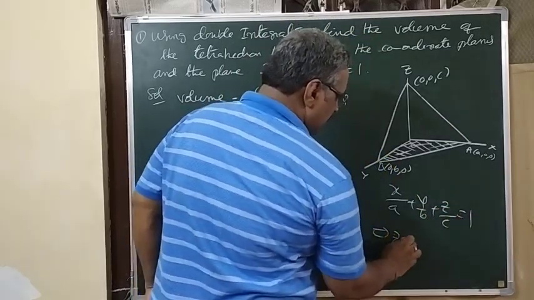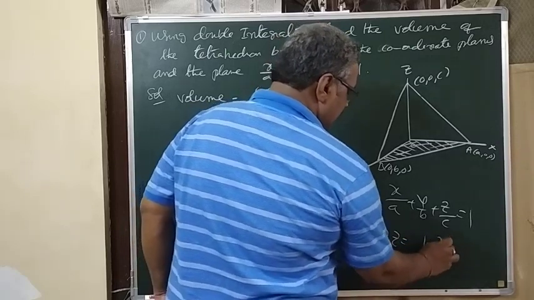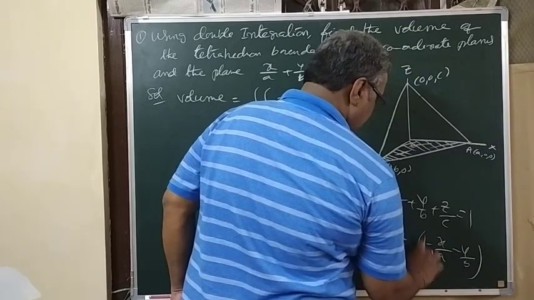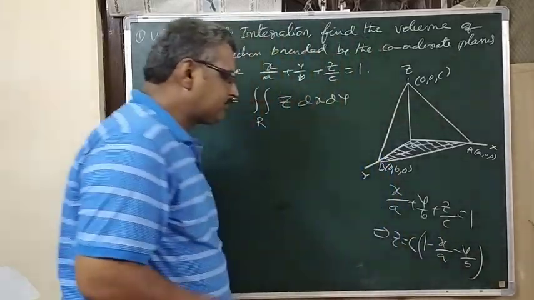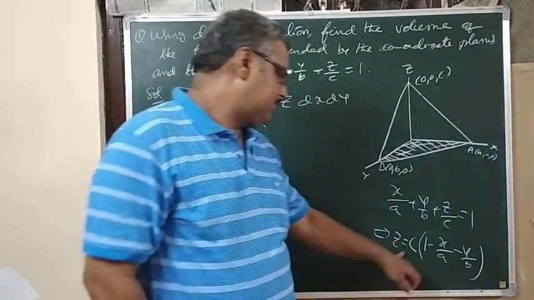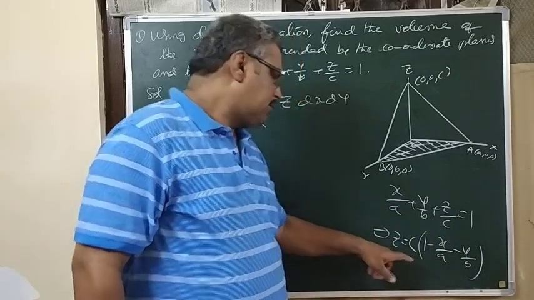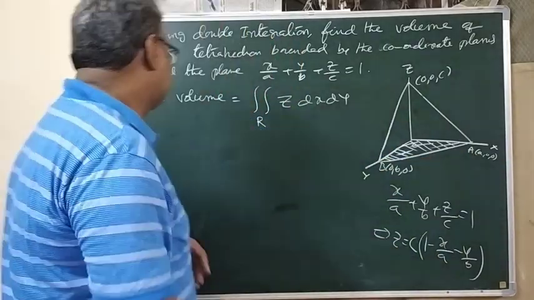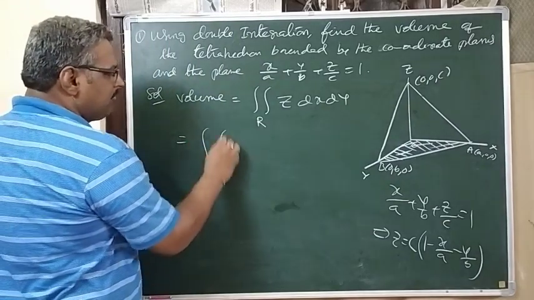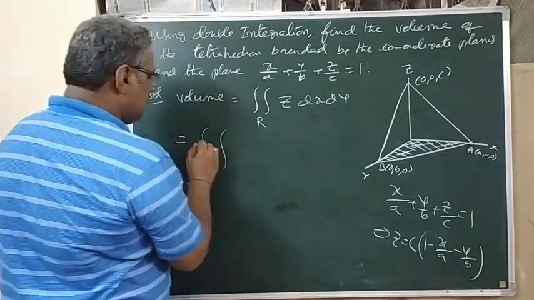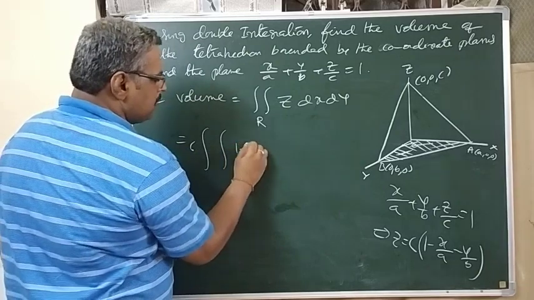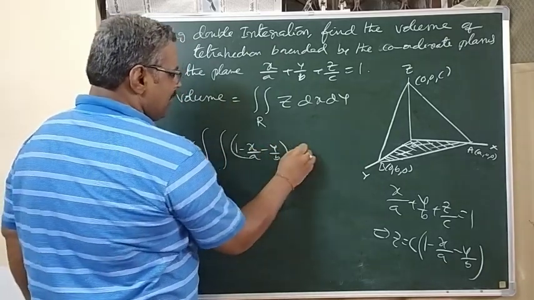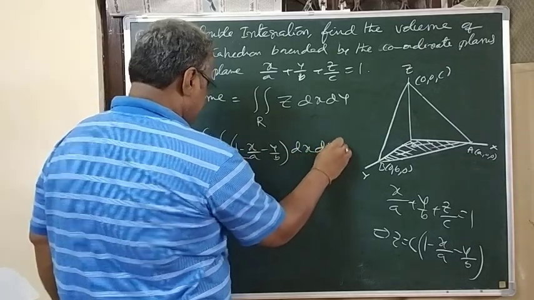What is the z value? z equals c into 1 minus x by a minus y by b. First replace the z value, then we will find the limits. Double integral of z is nothing but c into 1 minus x by a minus y by b dx dy.